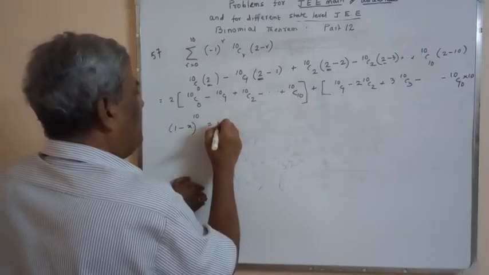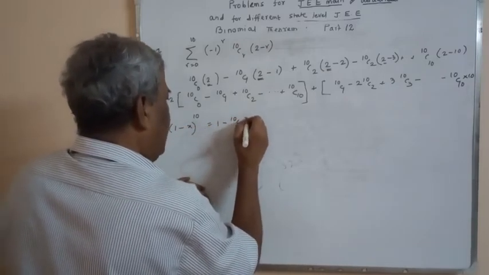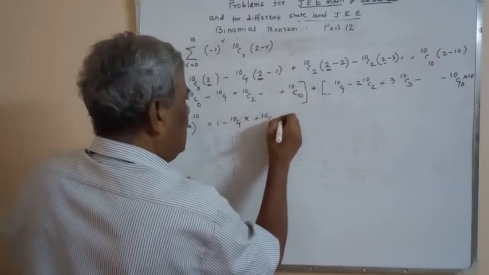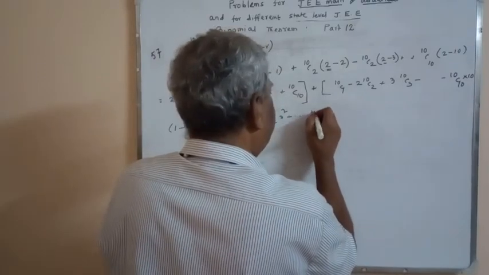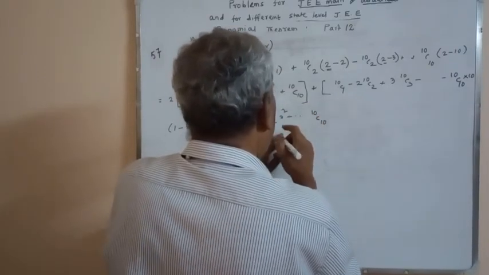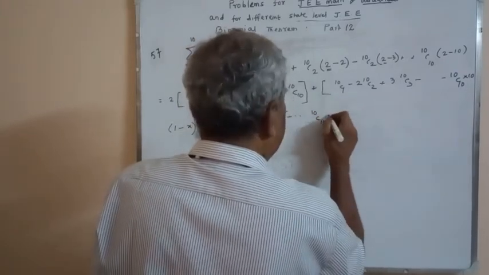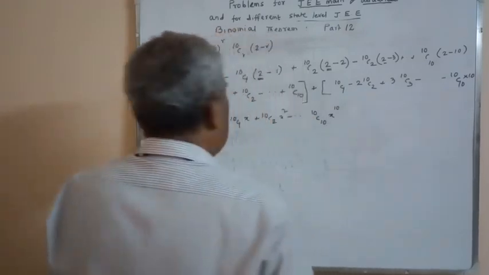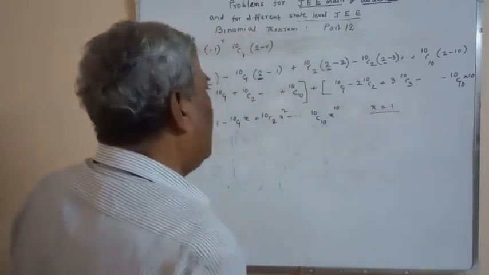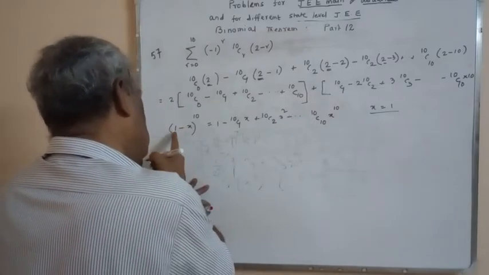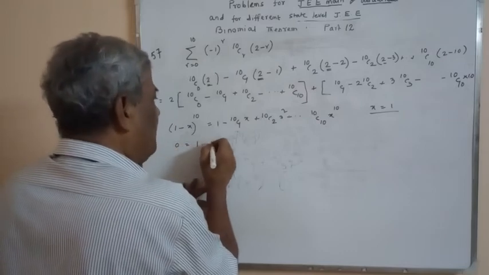This series is 10C0 is 1, minus 10C1 into x plus 10C2 x square minus, then 10C10 into x to the power 10. Now put x is equal to 1 on both sides. So this is 1 minus 1, that is 0 to the power 10, that is 0.